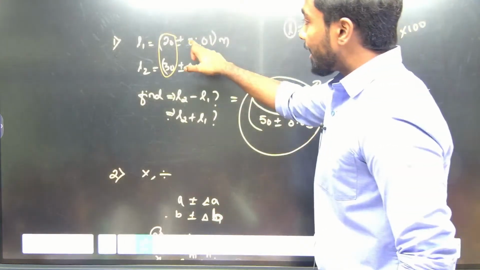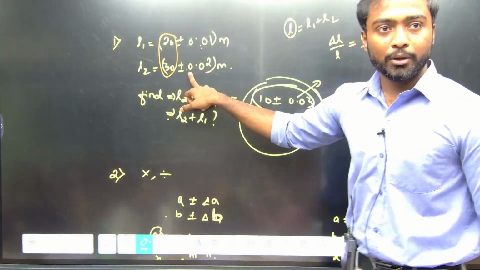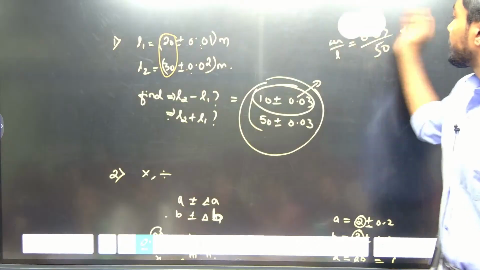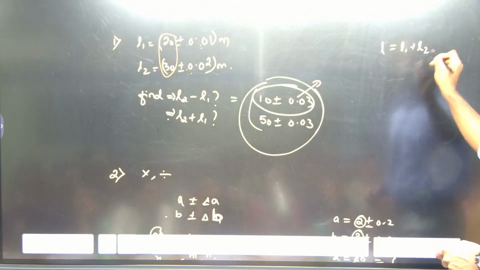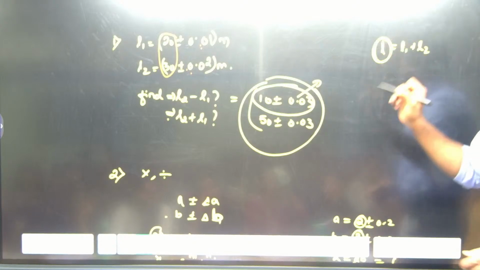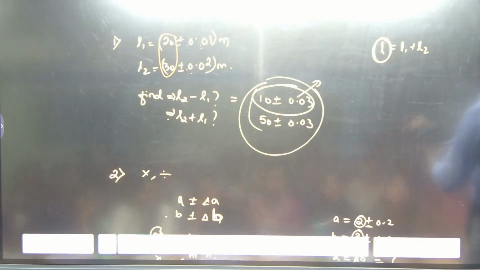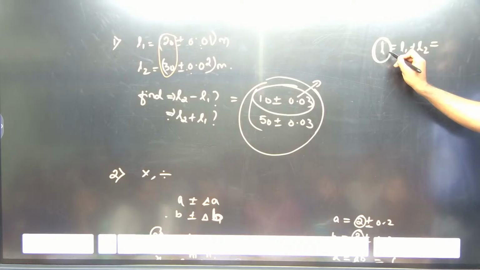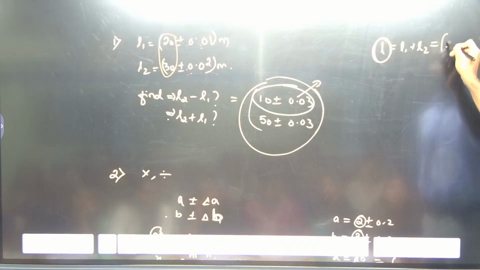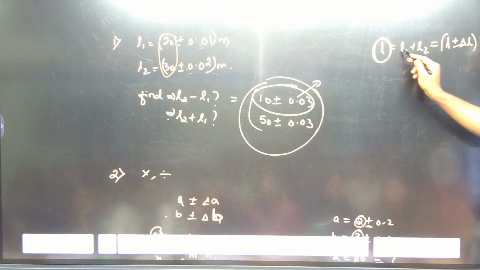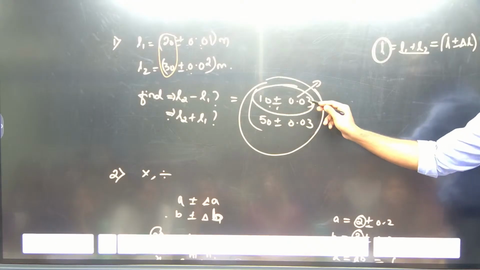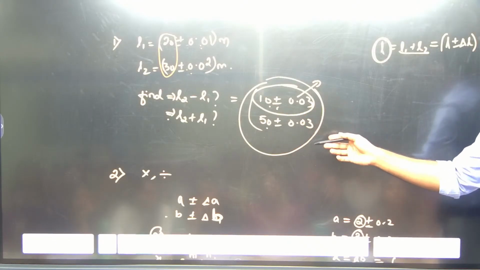This is L1 and this is L2, okay? I am finding L equals L1 plus L2. They are asking what is the percentage of L? Percentage of L is nothing but L, plus or minus delta L, correct? We have got the values: 10 plus or minus 0.3, 50 plus or minus 0.03.